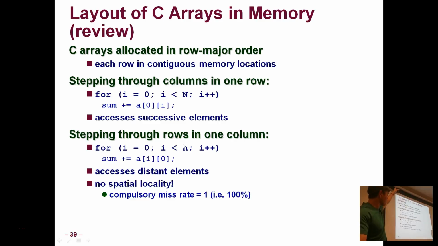Likewise, if you go through rows of a single column, you're basically skipping elements. And if the row is really large, which in this case they are, you're going to get no spatial locality on axes that go down a column. So if you're sequencing through rows in a single column, you get a 100% miss rate.